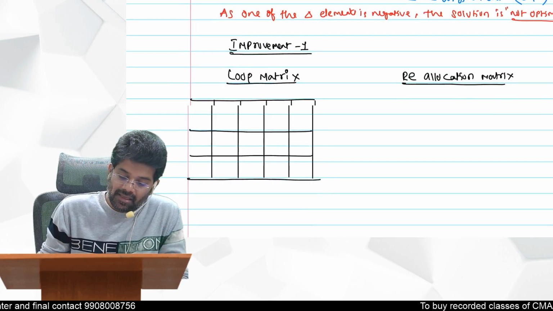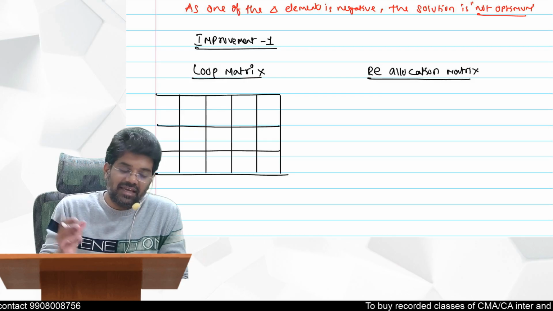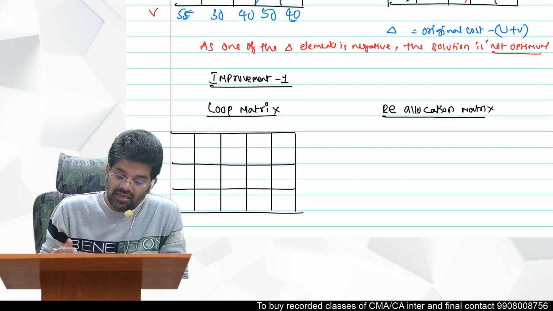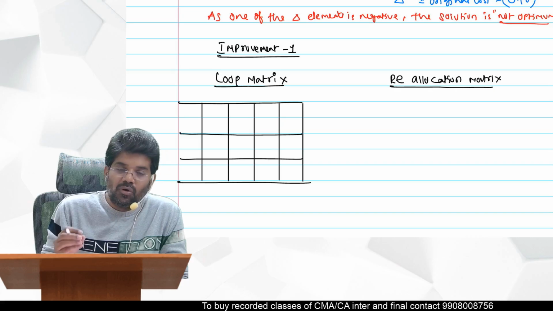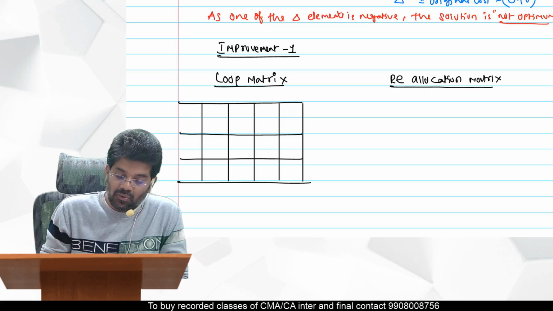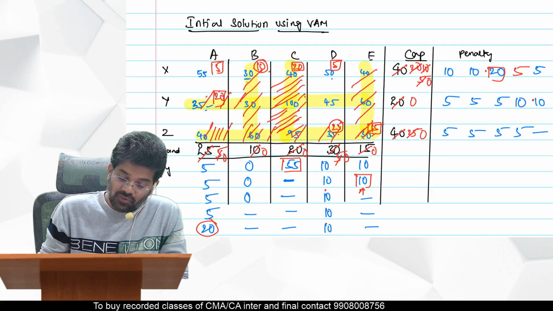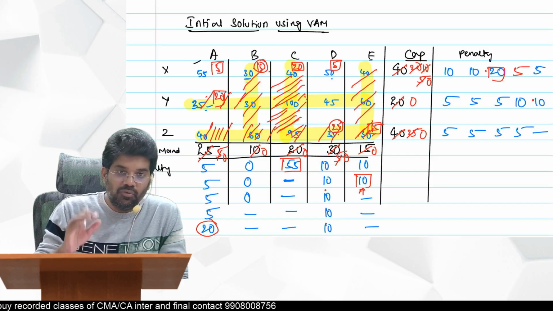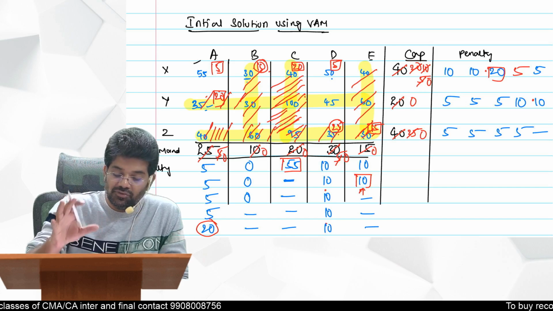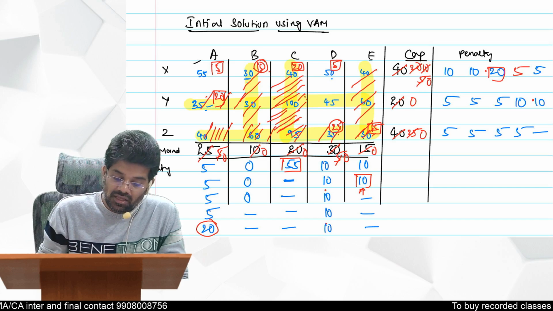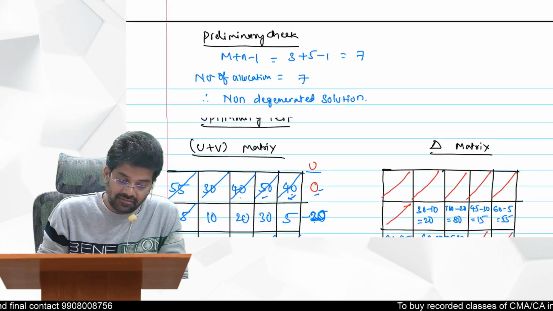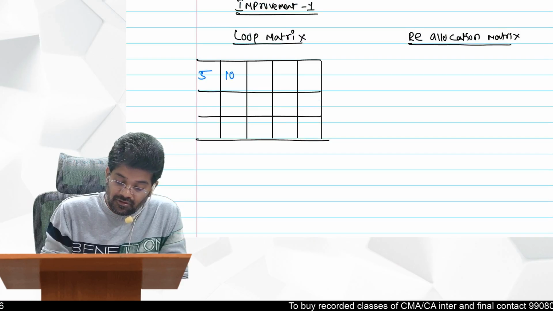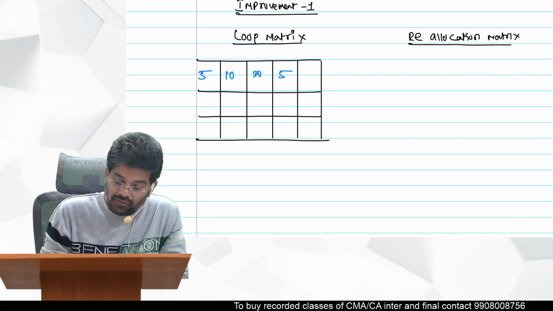Now see, first what you do is the allocated part. First you take allocated cells. When you are preparing this improvement matrix, loop matrix, first you take allocated quantities. What are the allocated quantities? 5, 10, 25. 25.